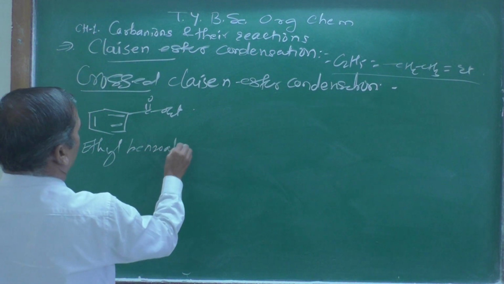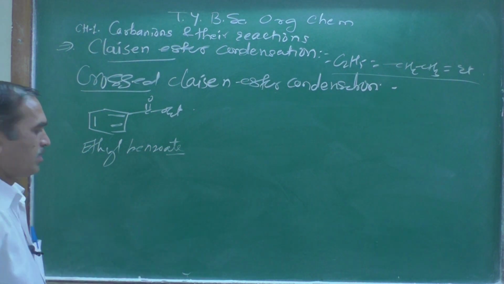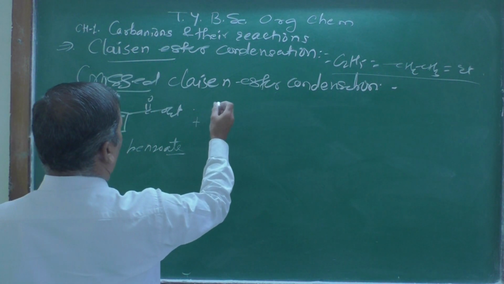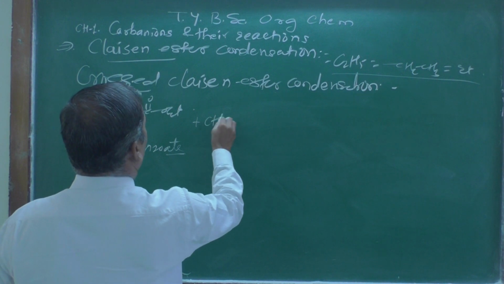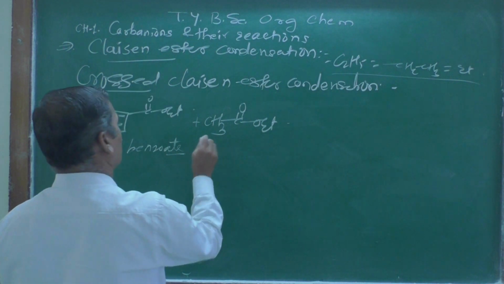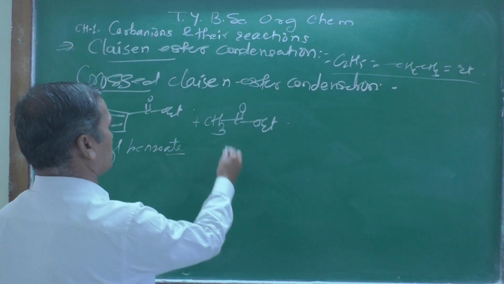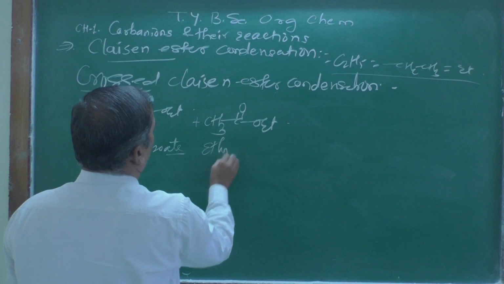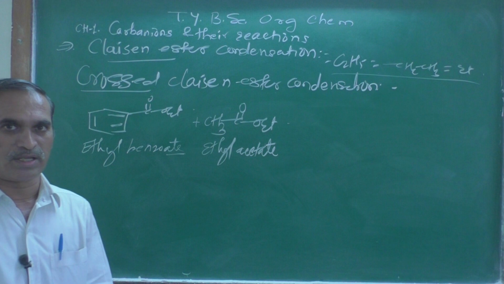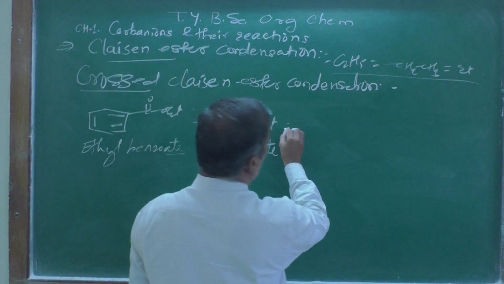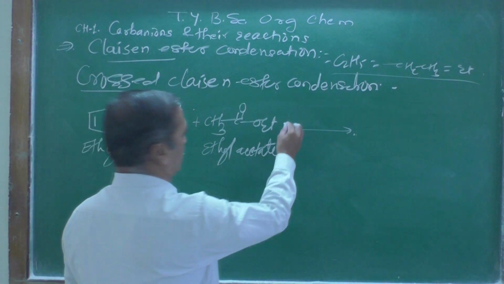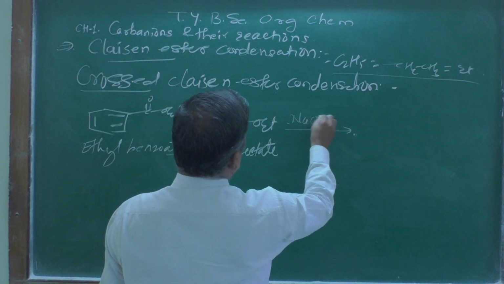The last suffix is -ate, indicating an ester group is there, and now it will be treated with this one, CH3 C double bond O, then OEt, which, you know, the name of this compound is ethyl acetate. The name of this compound is ethyl acetate, right? These two molecules, the substrate, I am treating with a strong base like sodium ethoxide.